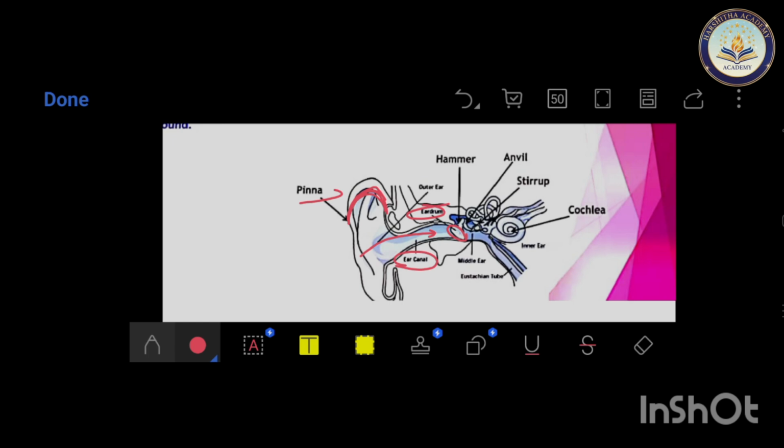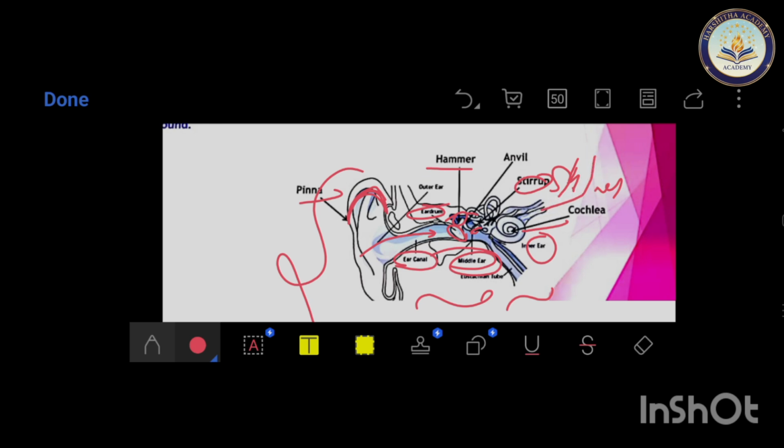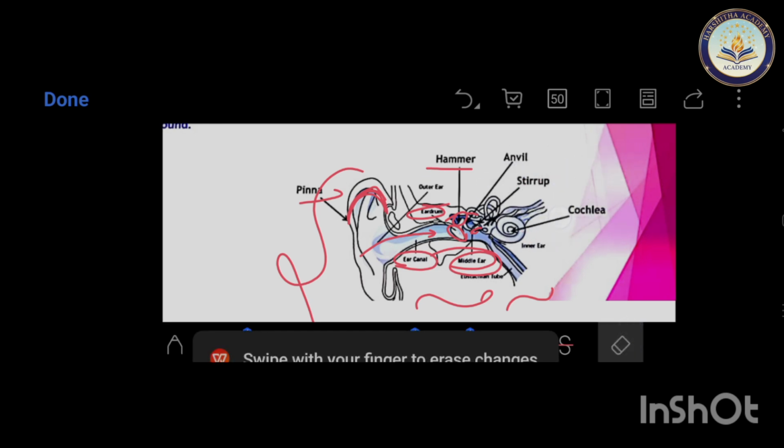Next are the hammer, anvil and stirrup. This is our outer ear and middle ear, and this is the inner ear, which has the cochlea.